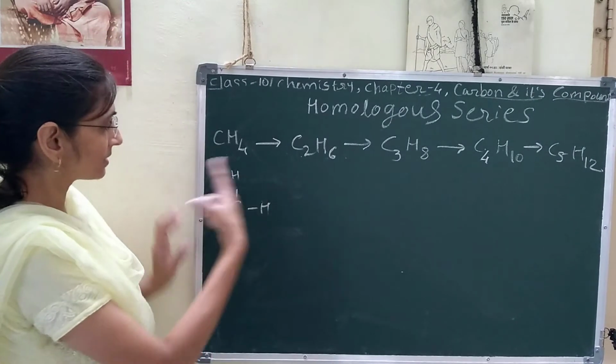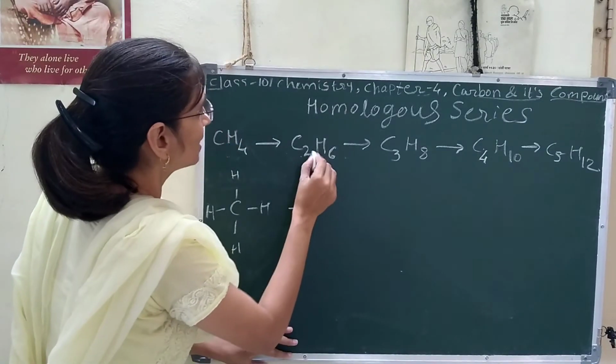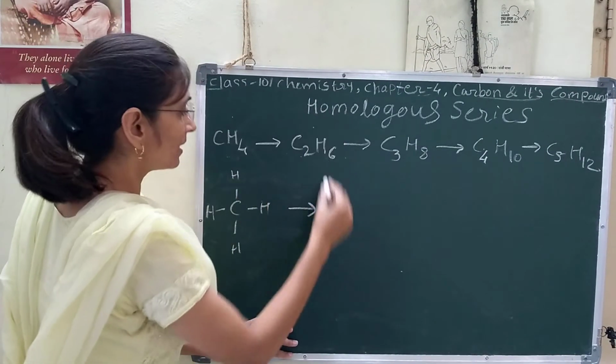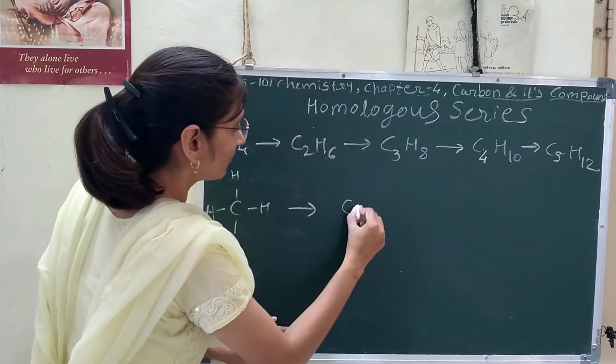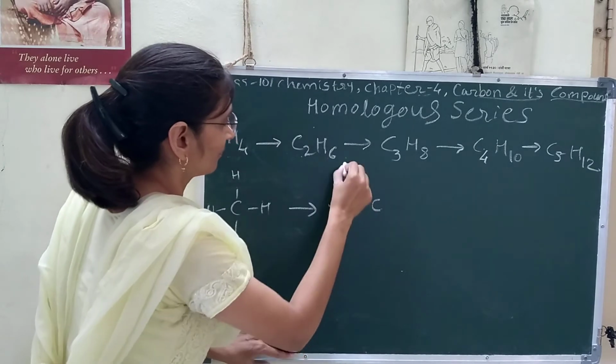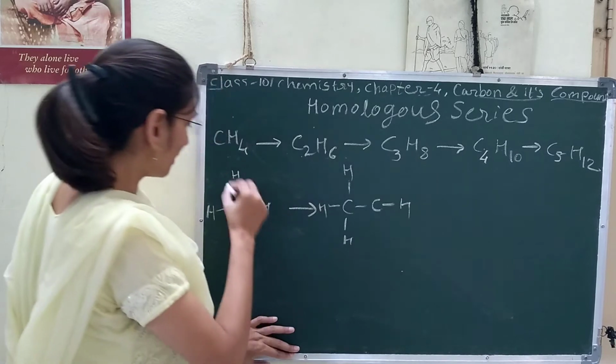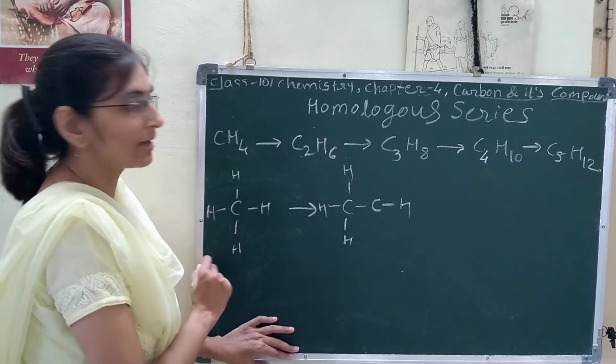Here is the first structure, of CH4. Again for the next, this is ethane. This is methane, then it is ethane. Only one C we have to add. First 4 hydrogen atoms were there.